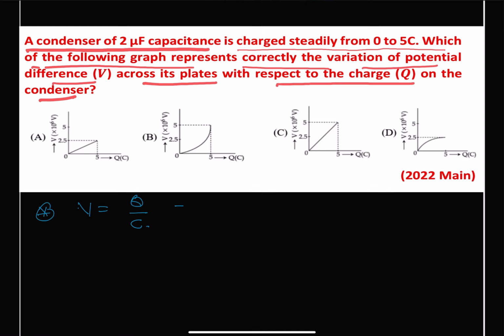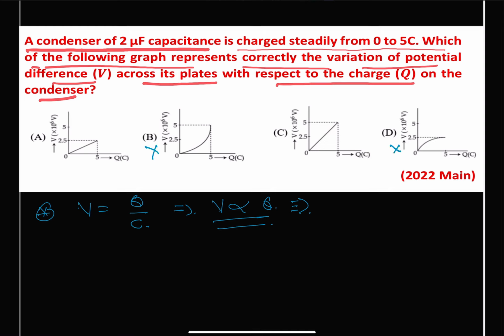Therefore the potential difference V will be directly proportional to charge Q. So at least B and D are not possible here.